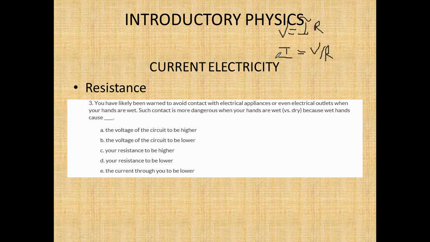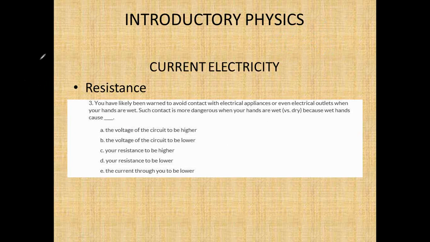So that is a problem with getting wet. It causes your resistance to be lower and hence increases the amount of current that's going to flow. All right, so that's the correct answer there.